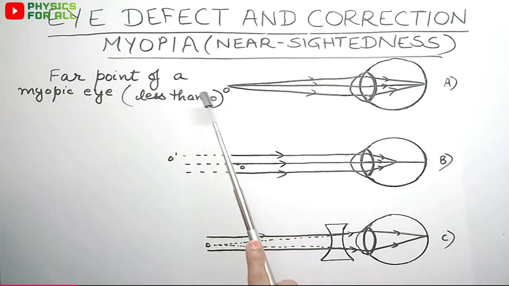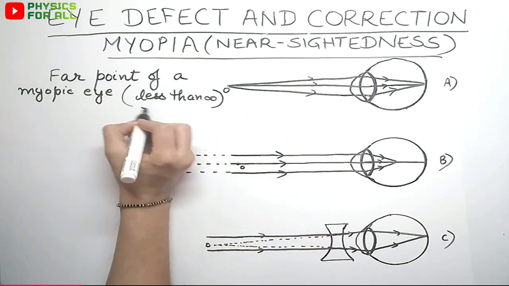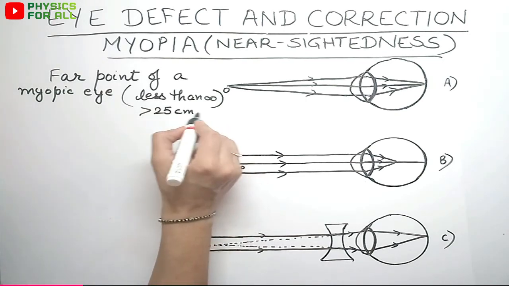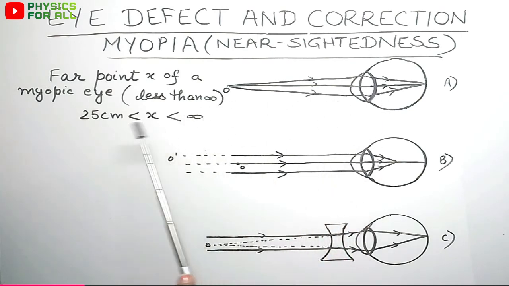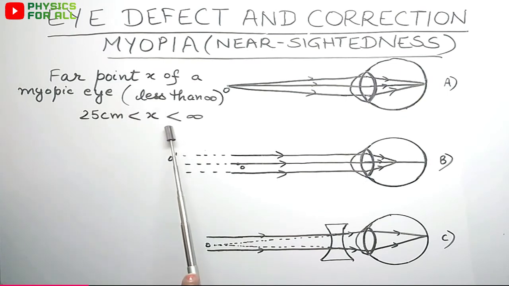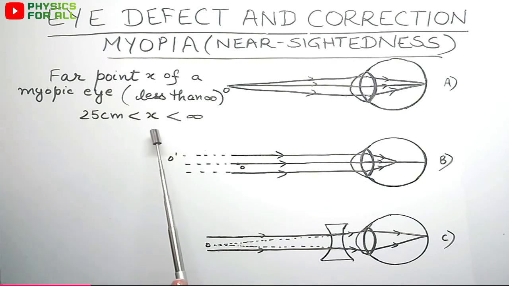So it is at a particular distance, which is obviously greater than 25 centimeter but less than infinity. Thus, the person is able to see objects at 25 centimeter very easily, and is also able to see objects placed at distances greater than 25 centimeter.